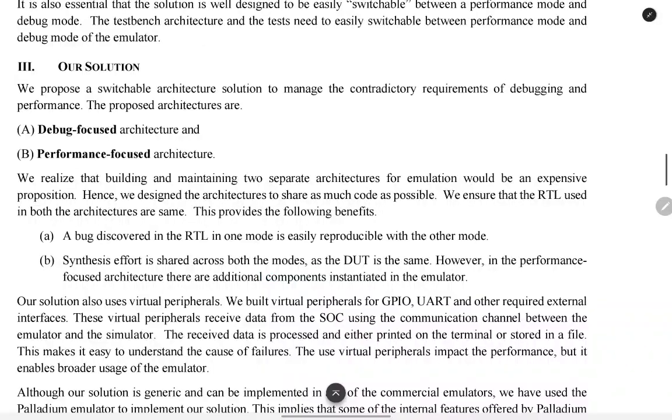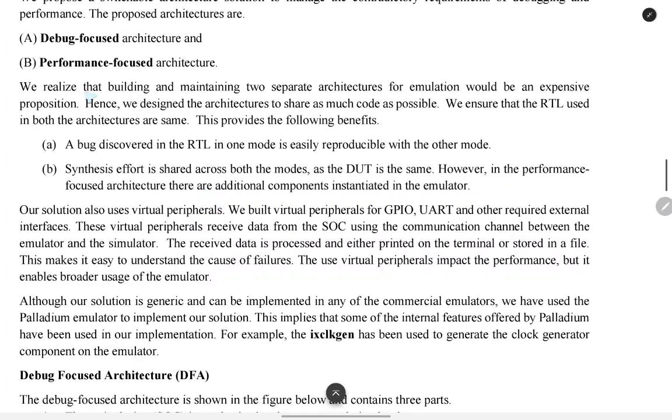Chapter 3. Our solution. We propose a switchable architecture solution to manage the contradicting requirements of debugging and performance. The proposed architectures are A, debugger-focused architecture, and B, performance-focused architecture. We realized that building and maintaining two separate architectures for emulation would be an expensive proposition.